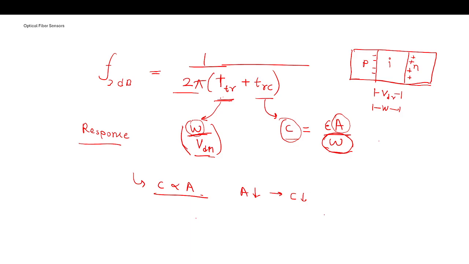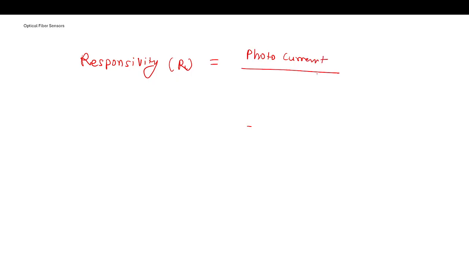So response, excuse me, response we have discussed already. We'll go for the responsivity, which is directly correlated with the photocurrent per unit optical power.